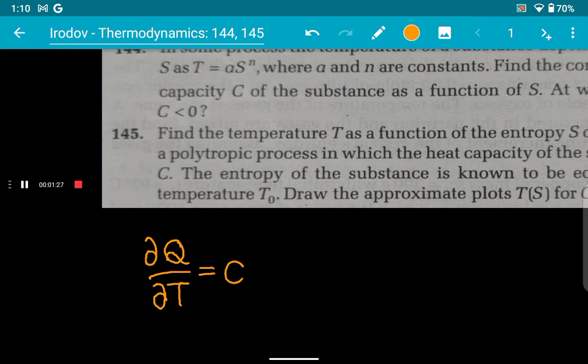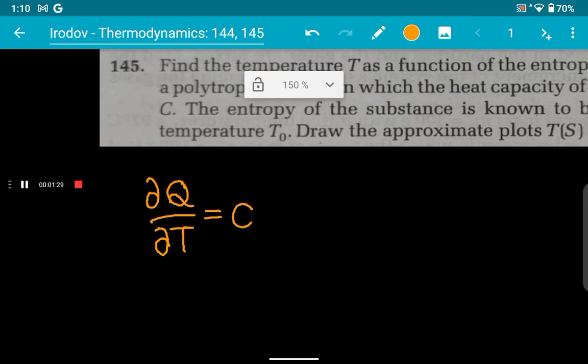Okay. And another thing you know, that delta Q, this is more useful in chemistry, but in physics you will require this sometimes. So delta Q is equal to TdS. And notice one thing, this is a very small thing, but still mathematically sometimes you do it wrong. Why have I written delta beside Q and d beside S?